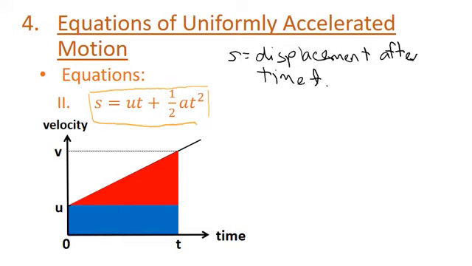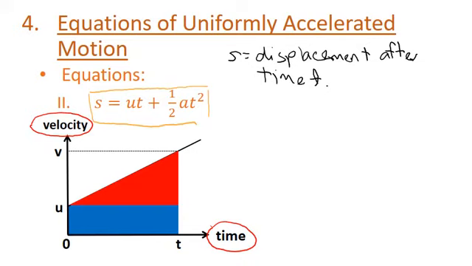If you have uniform acceleration and you plot a graph of velocity versus time, you'll find that you obtain a straight line, and this straight line intersects u on the vertical axis.